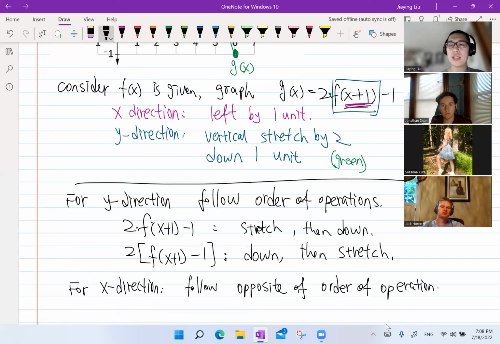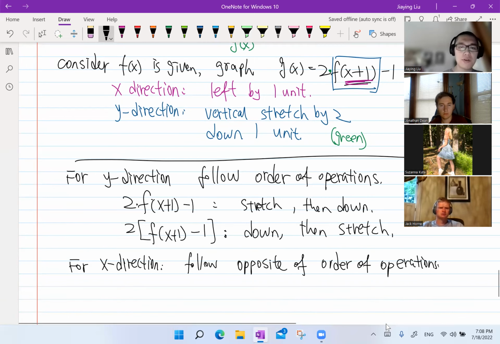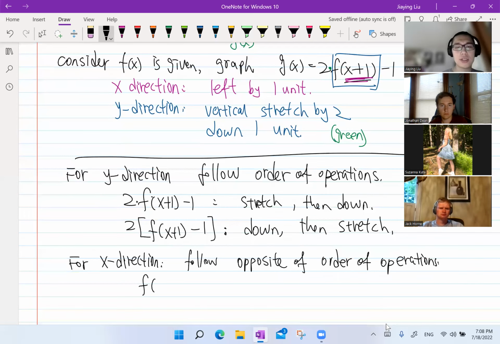What I mean by that, I'm going to give you an example here. Let's see, we have f of 2x plus 1. Normally, you think, okay, x is being multiplied by 2 first and then 1 is added to it, right? You probably think, okay, I'm going to do the horizontal compression first because it's multiplied by 2, and then do the shifting to the left.